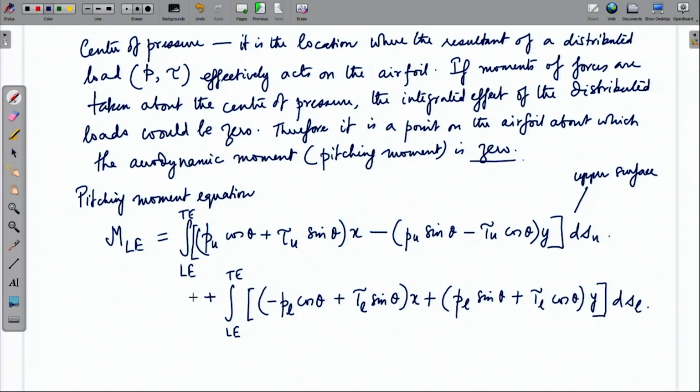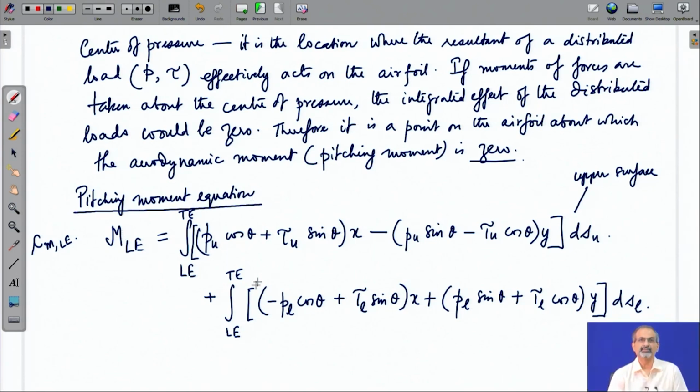You can of course integrate it even in a non-dimensional sense, in terms of the coefficients, and then you would end up getting Cm, the pitching moment coefficient about the leading edge. So, whether dimensional or non-dimensional, this is how you would go about calculating the pitching moment. And here in the context of the center of pressure, we found that it is a point on the airfoil about which the net aerodynamic moment will turn out to be 0.